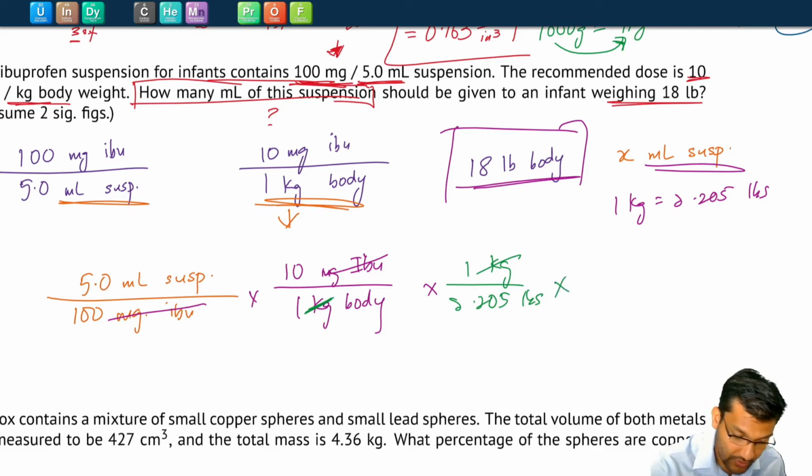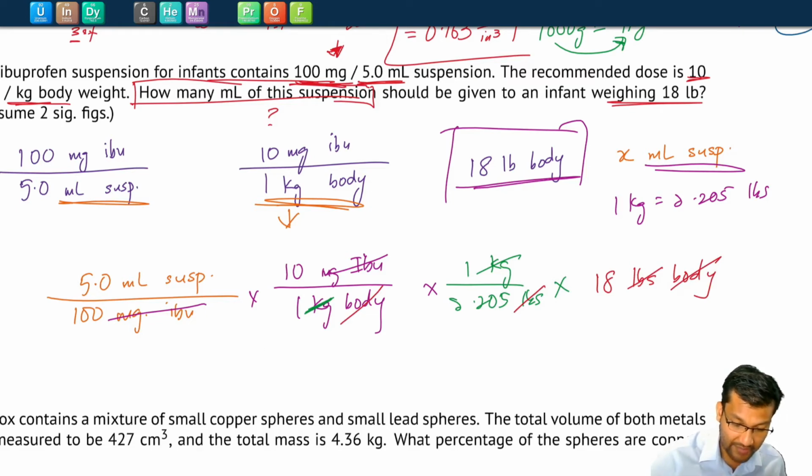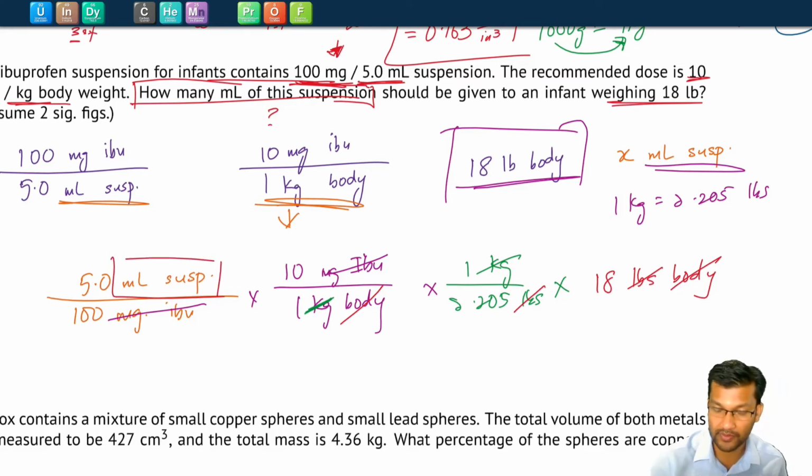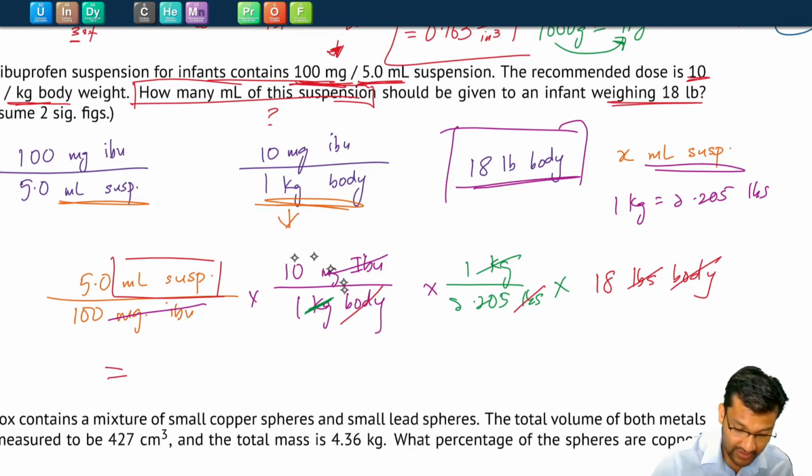And now we can use the body weight of the infant, 18 pounds of body weight. Pounds cancel out there, body weight cancels out there. So here we have set up our problem to find milliliter of suspension that's needed for this baby without ever thinking too much about the problem. All the other units cancel out nicely.